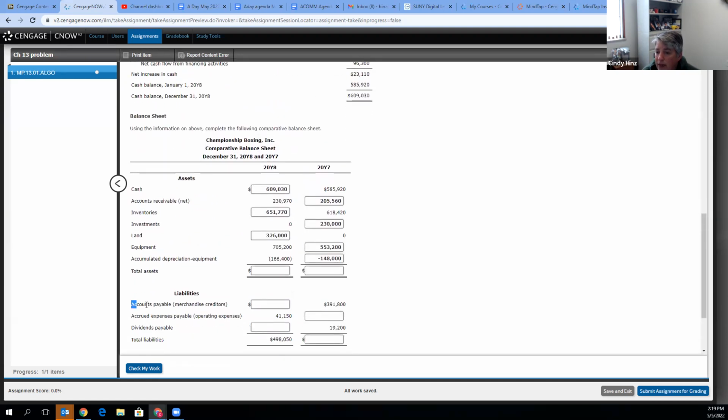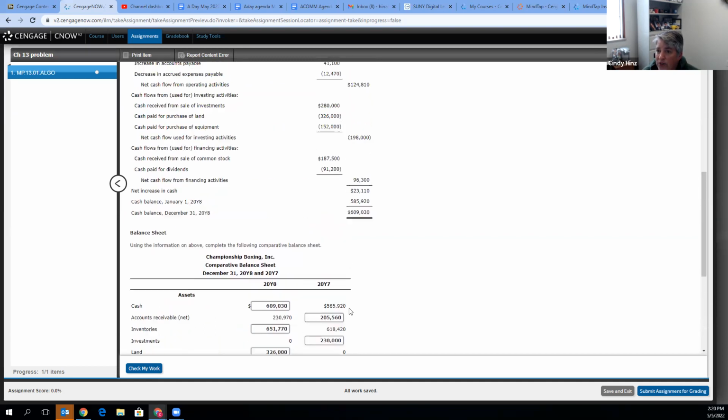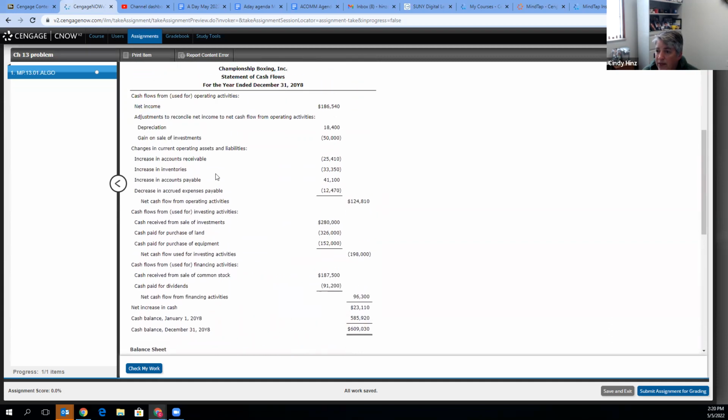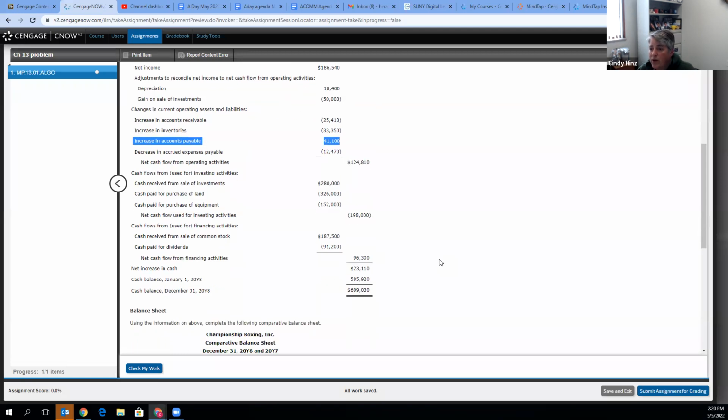So let's go on to the accounts payable. So at the beginning of the year, we owed our creditors $391,800. Accounts payable is a current or operating account. And so let's take a look in the adjustments in the operating section. We can see that we had an increase in accounts payable of $41,100.